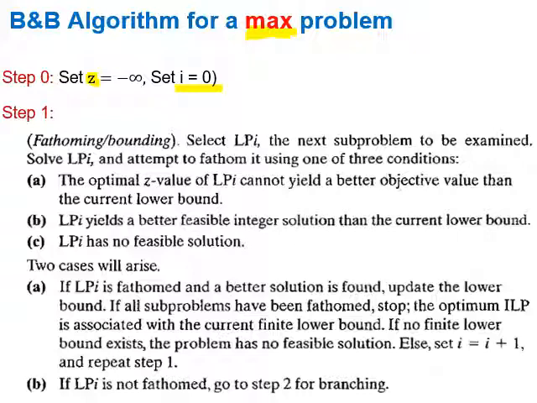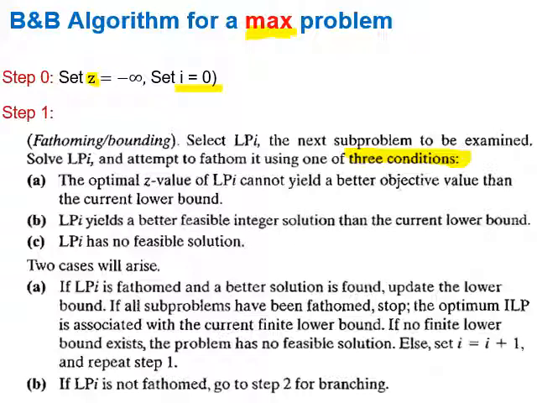And then when you solve it, if you have one of these 3 conditions, then fathom it. According to these 3 conditions, we will try to fathom it. What are these 3 conditions? Let's look at the first one.